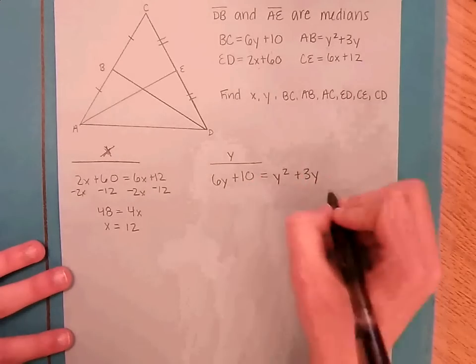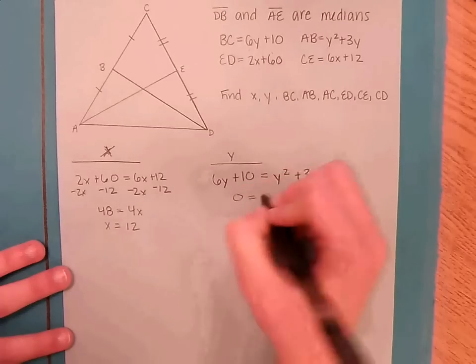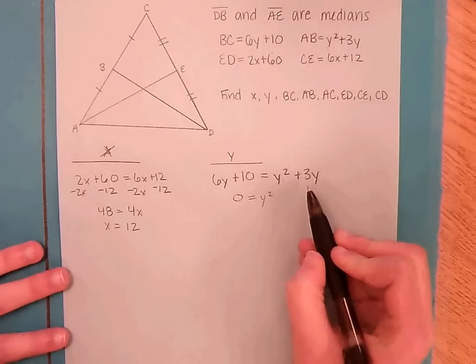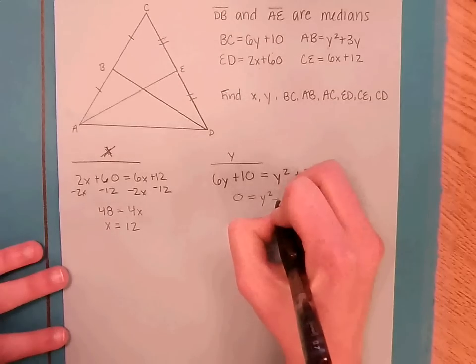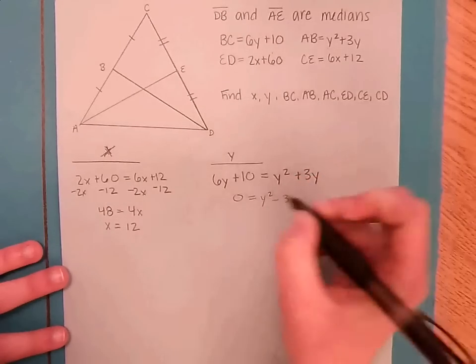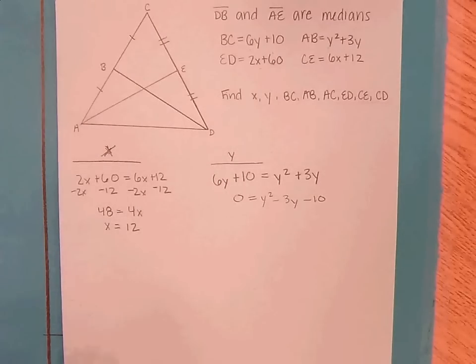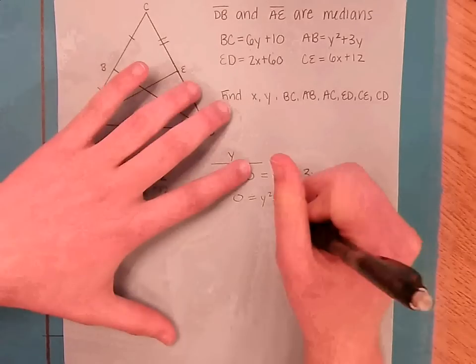So we're going to subtract everything over, and you're going to get 0 equals y squared, 3 minus 6 is negative 3, so minus 3y, and then subtracting 10, you get negative 10. Now, I'm going to show you 2 ways to solve this quadratic. We're going to do a factoring method, and then we're going to do the quadratic formula.